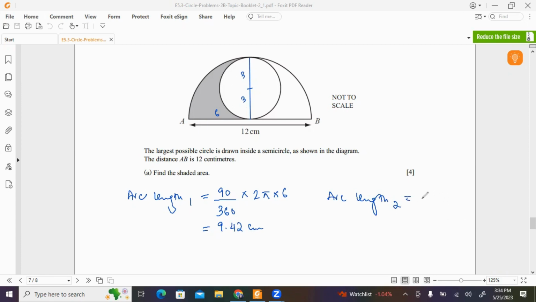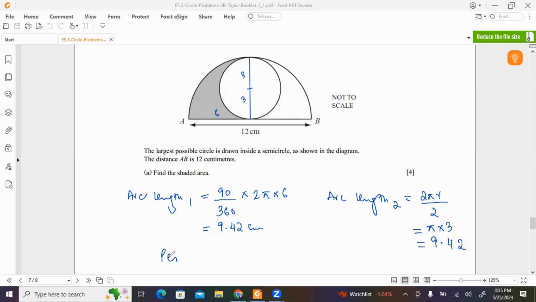That's going to be 2 pi r divided by 2, which is pi times 3. Because for this small circle, your radius is 3. So 3 pi is 9.42 as well.